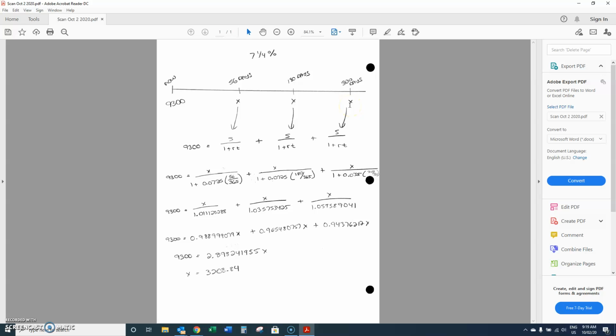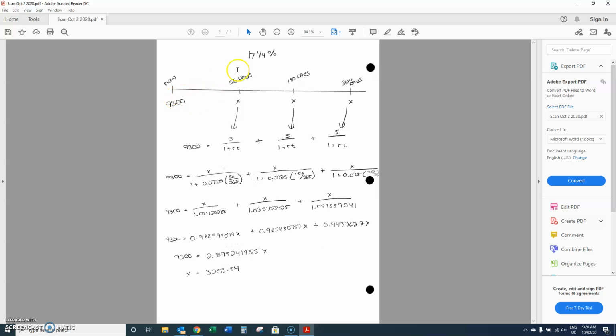Visualizing this, I can see the $9,300 is the present value. I need to calculate the value of a payment here, a payment here, and a payment here. Those 3 together would equal the $9,300.